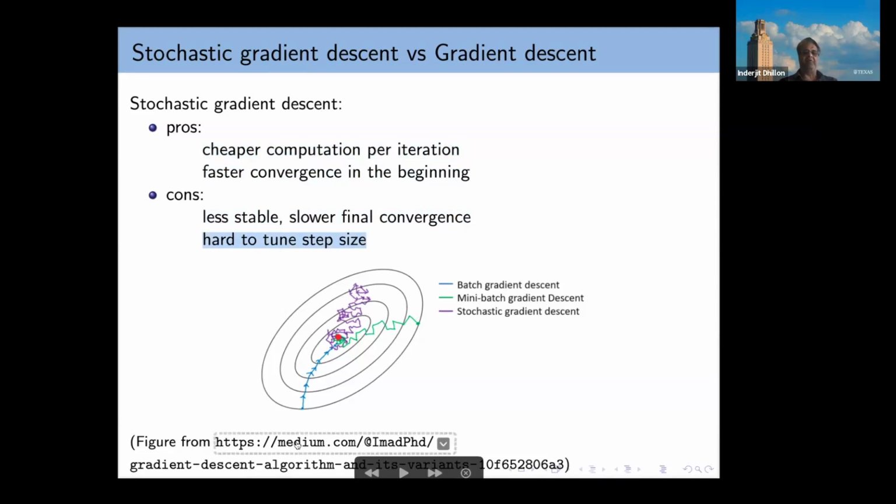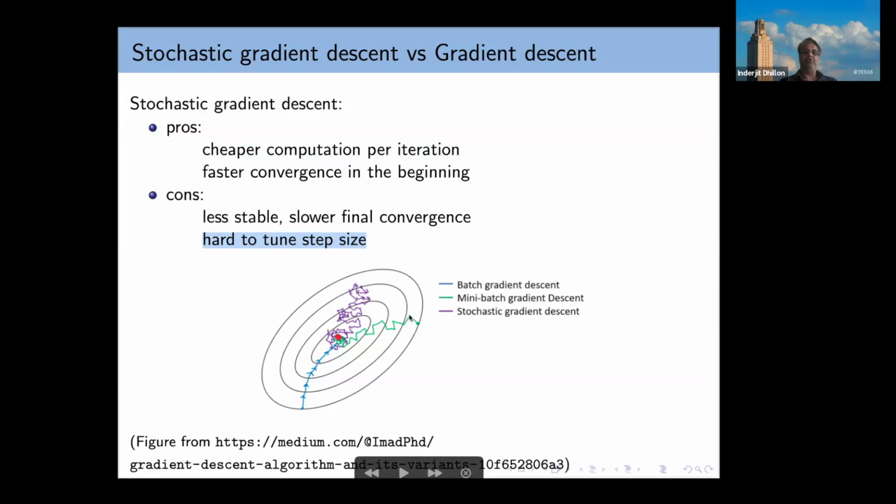So this figure is taken from a particular blog article, right? And it shows the trajectory of batch gradient descent, mini batch gradient descent, and stochastic gradient descent. I think for stochastic gradient descent, the batch size is 1 in this particular example. So you can see over here that you end up going to the global optimum.